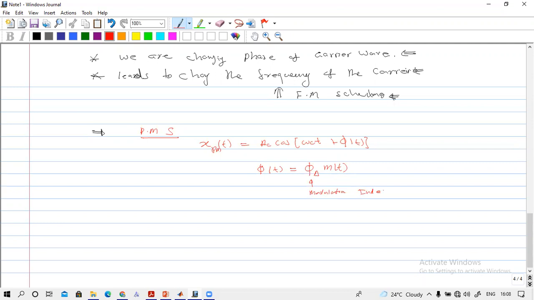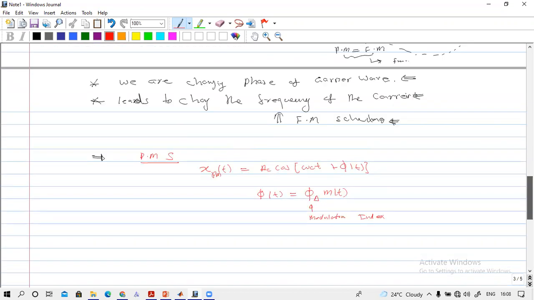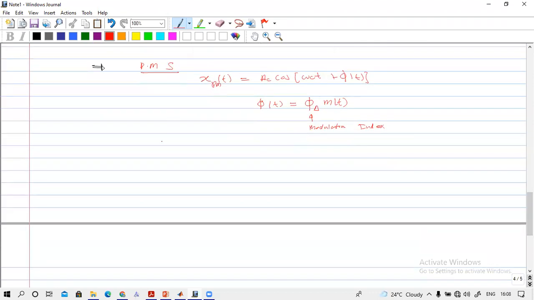I want to introduce a new parameter for you, but it is not in your lecture note. But I prefer that parameter. That is called the phase sensitivity, normally referred to as Kp.